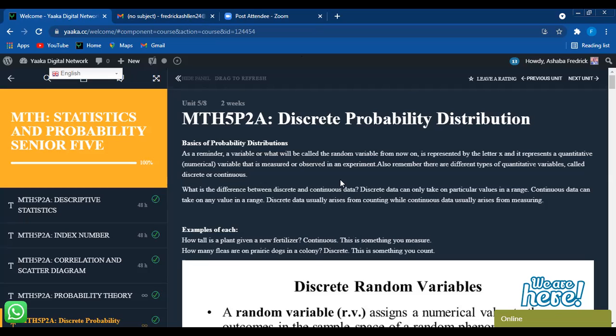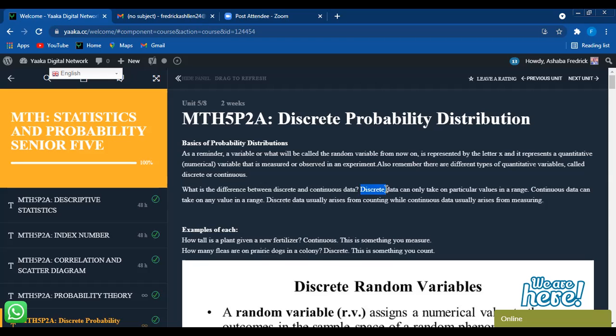From what is written here, we are saying discrete data can only take on particular values in a range. With particular, we are majorly referring to numbers that we can easily count, for example 0, 1, 2, 3, 4.